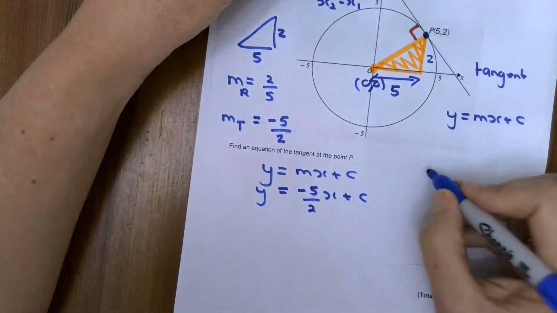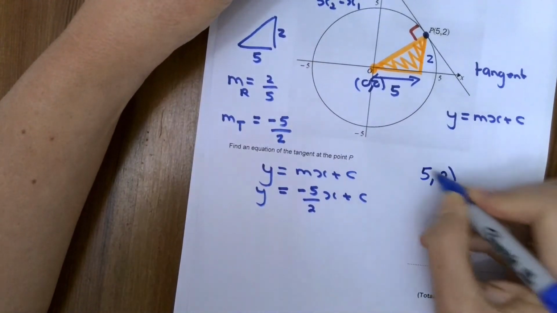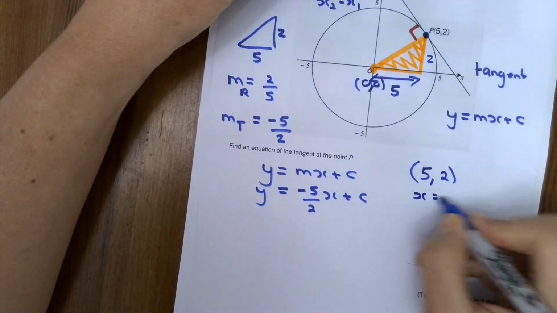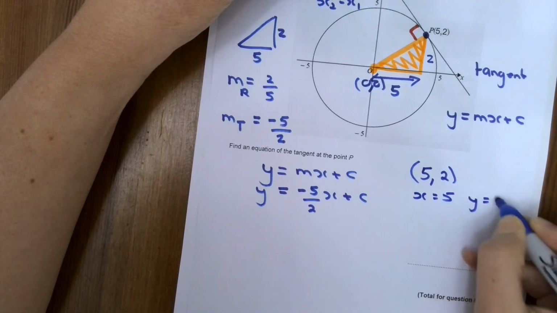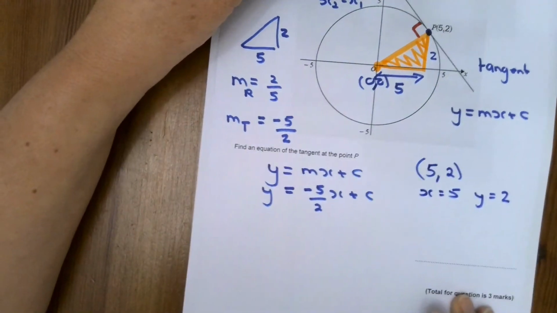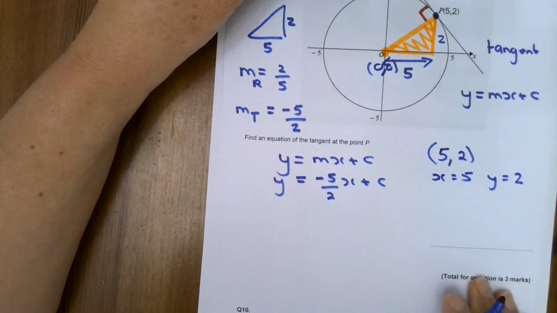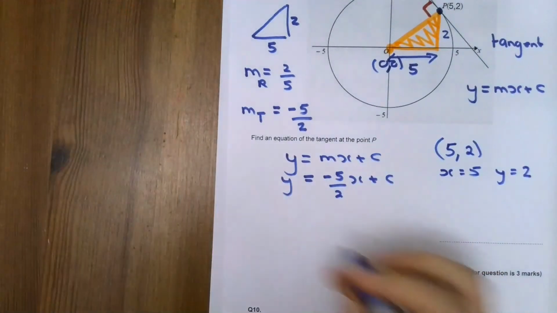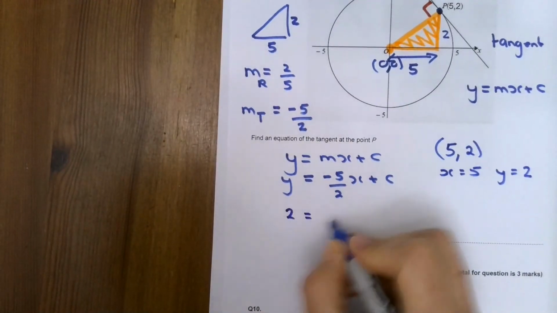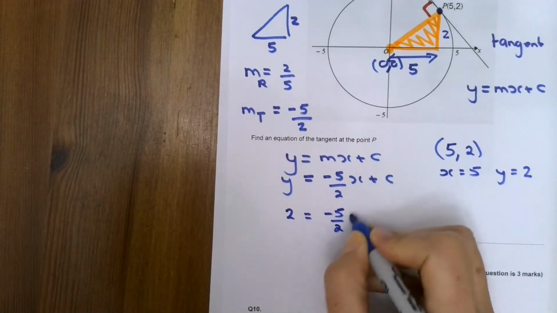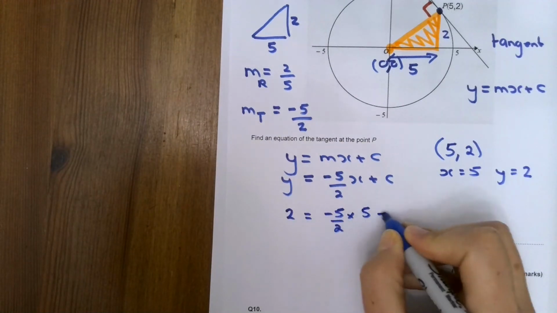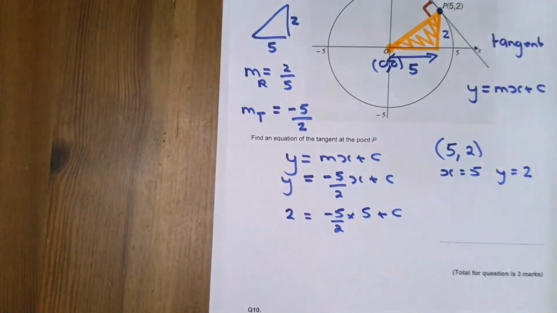So it goes through the point (5, 2). That means when x is 5, y is 2. So I'm going to sub that into my equation. So when y is 2, x is 5.